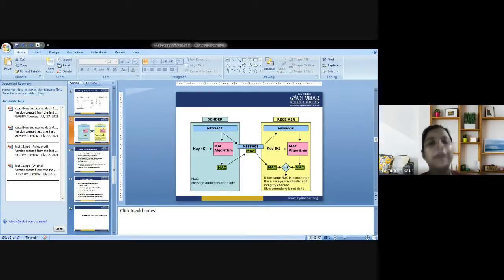So there is a passive attacker lying in between the two parties, sender and receiver, and he could easily replay the action. He is monitoring the conversation between the two parties and responding to the messages.